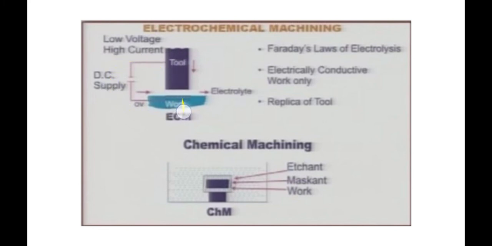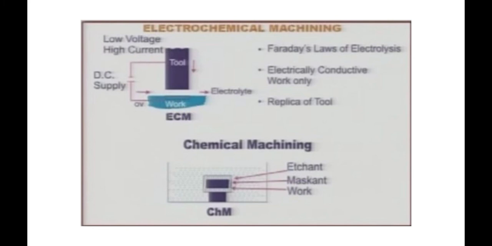This gap is known as the electrode gap. And when this current starts flowing, an electrochemical reaction takes place, and as a result, material is removed from the workpiece, and you get a cavity in the workpiece which is close to the shape of the tool.